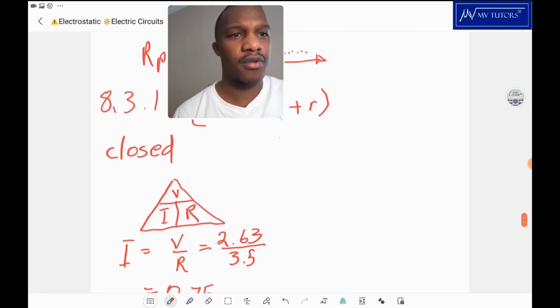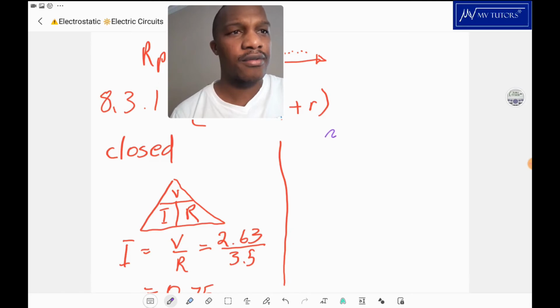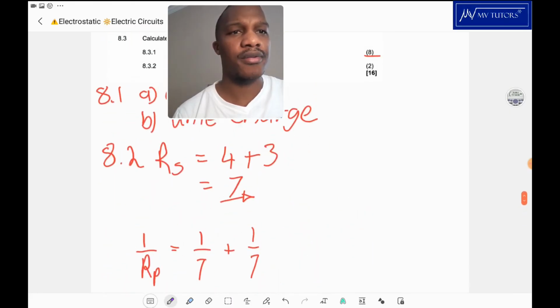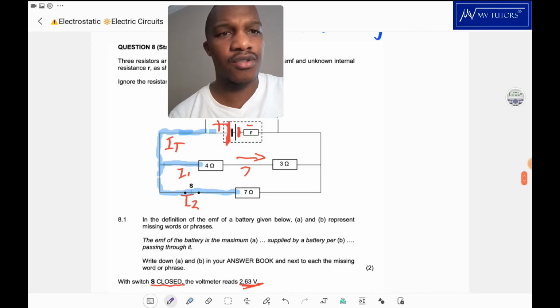So now this side, let me use a different color. Let's go purple. Now, what happens when the system is open? When the switch is open, that means that the switch S is open like that. So no current is flowing to the 7.